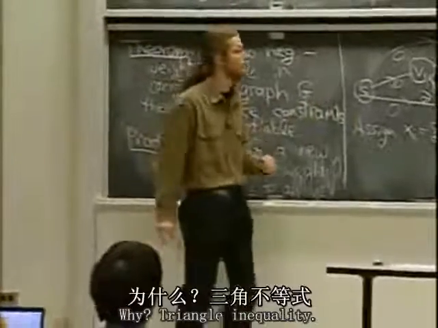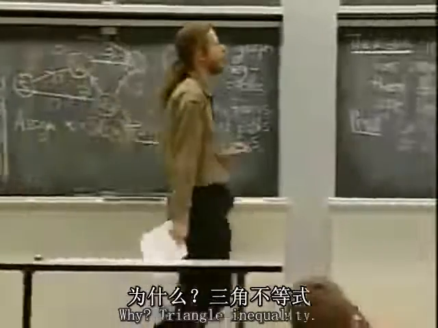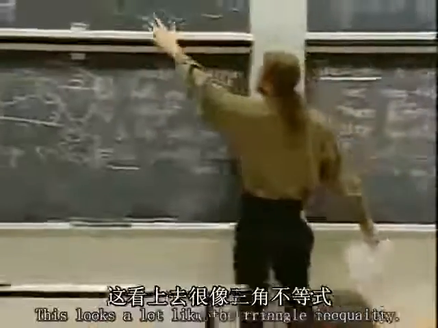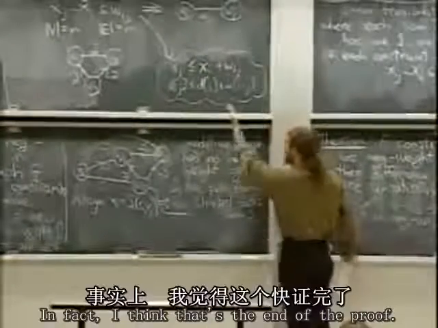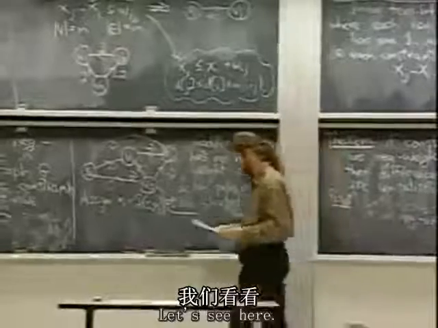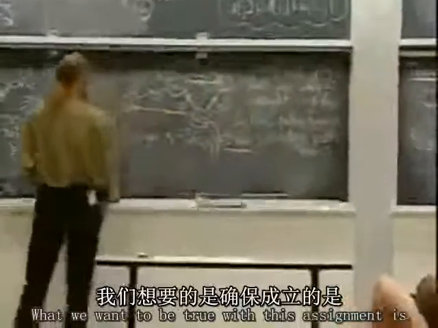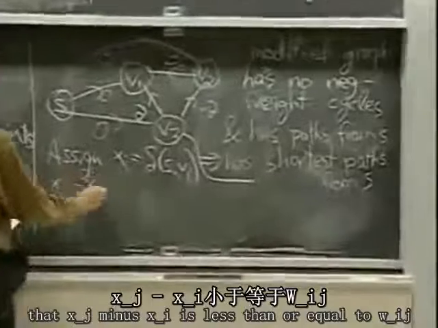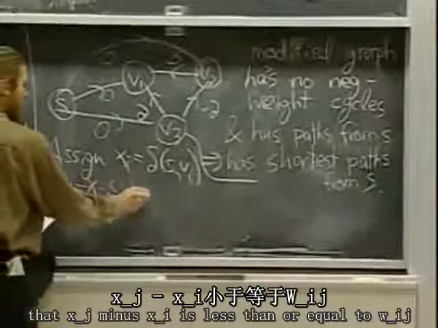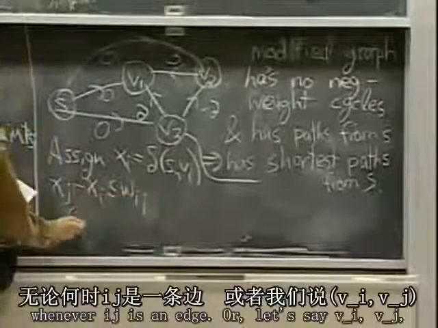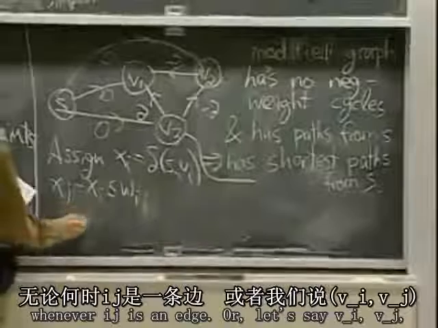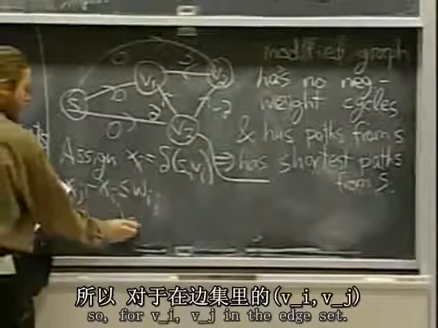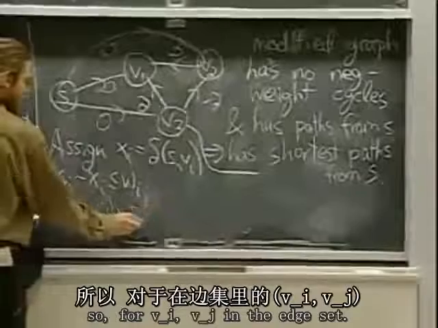Why? Triangle inequality. Somewhere here we wrote triangle inequality. This looks a lot like the triangle inequality. In fact, I think that's the end of the proof. Let's see here. What we want to be true with this assignment is that xj minus xi is less than or equal to wij whenever (vi, vj) is an edge, for every such constraint. So for vi, vj in the edge set.